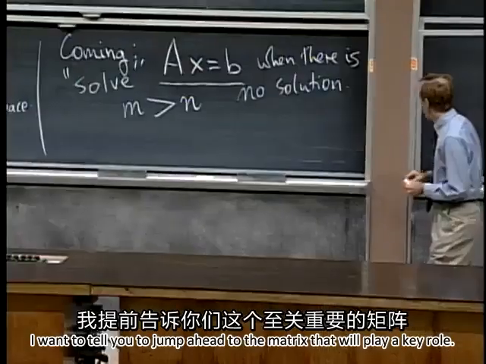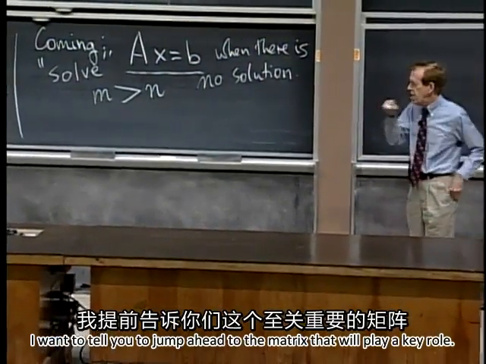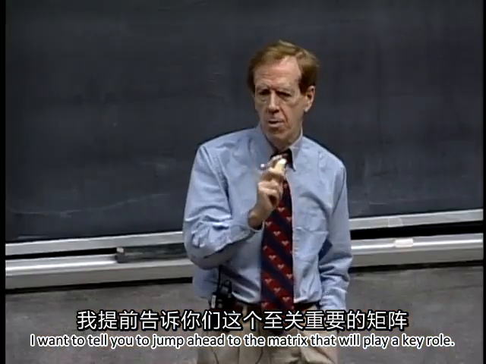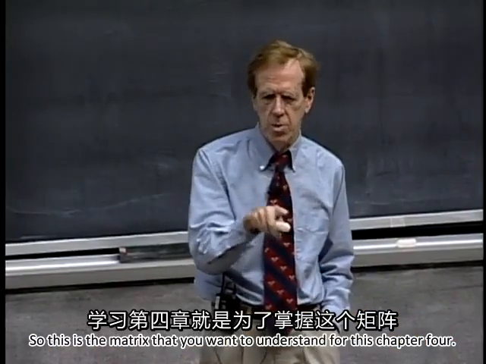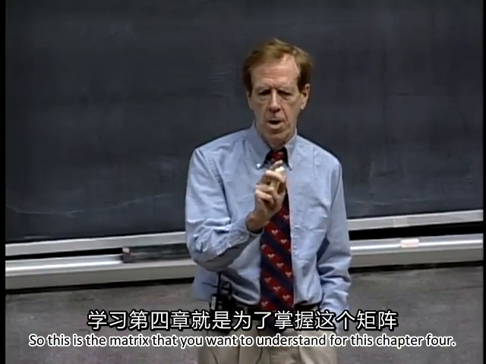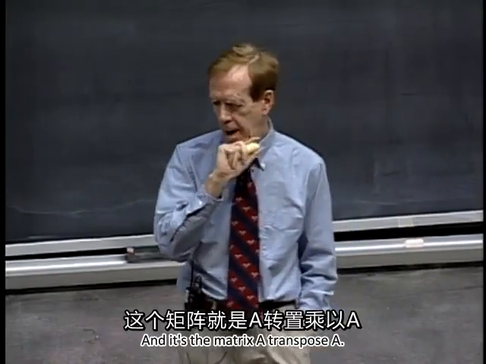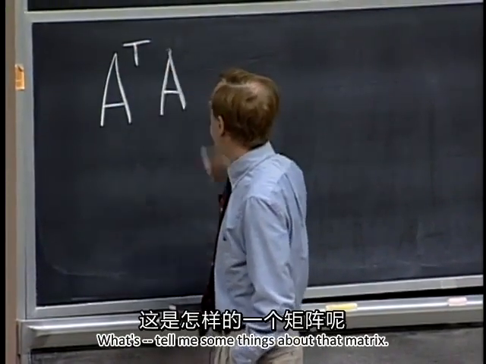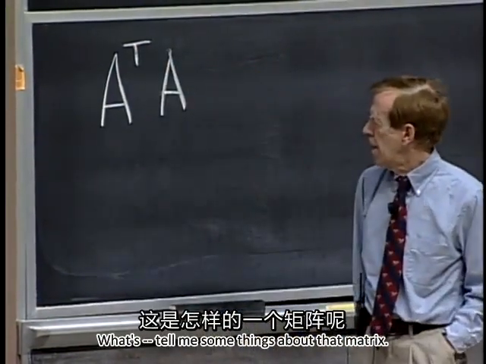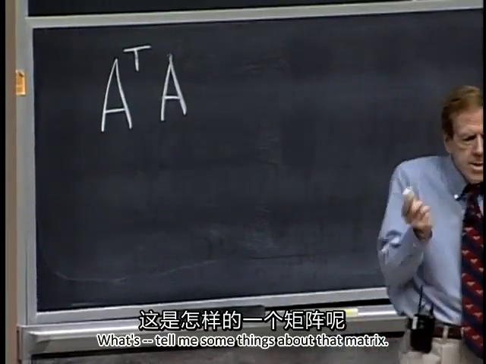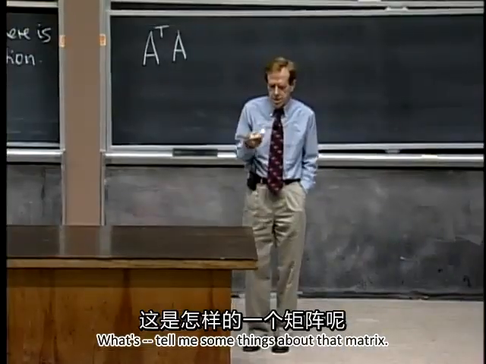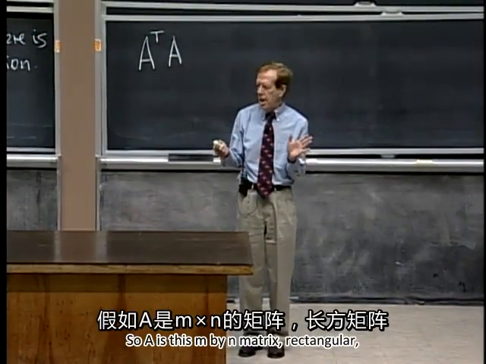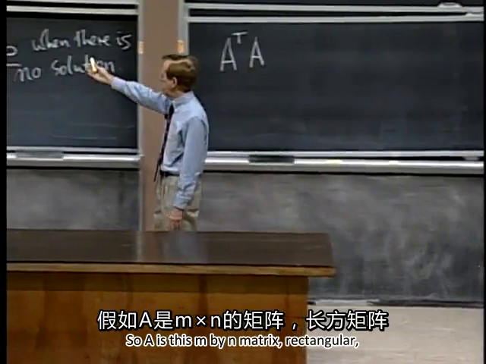All right, I want to jump ahead to the matrix that will play a key role. So this is the matrix that you want to understand for this chapter 4. And it's the matrix A transpose A. Tell me some things about that matrix. So A is this m by n matrix, rectangular.